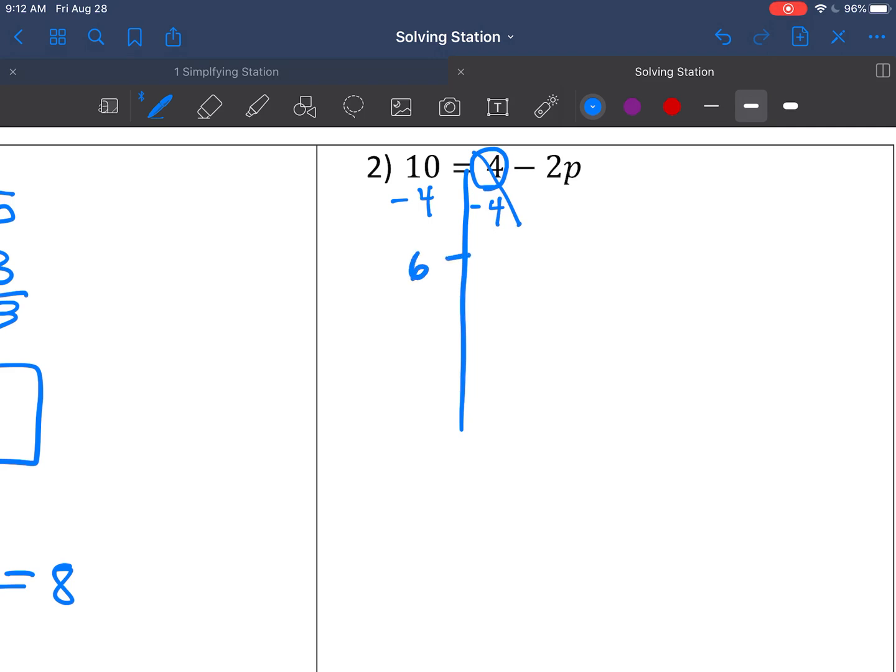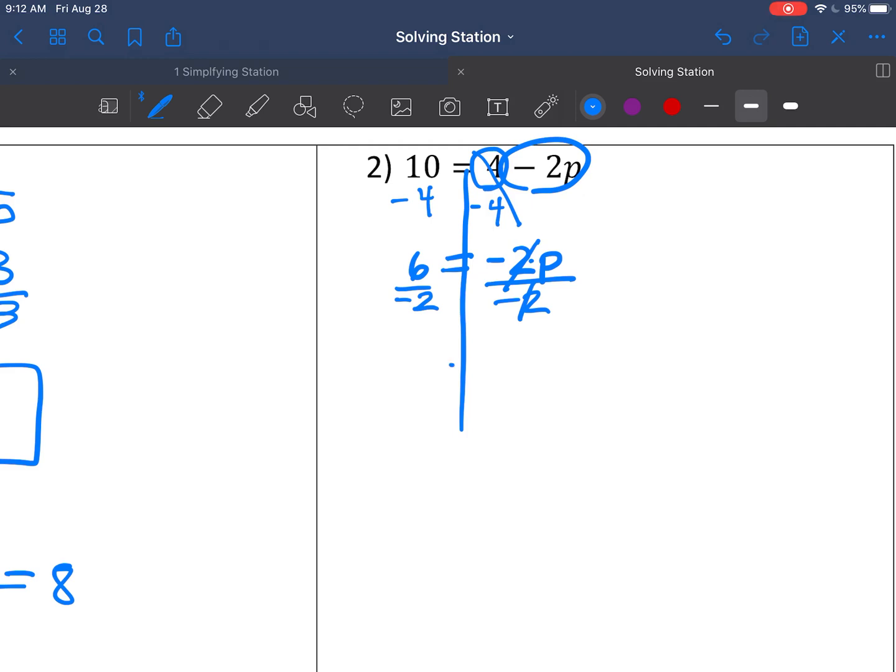10 minus 4 gives me a 6 on the left-hand side. And then we still have this -2p on the right-hand side. Okay, now don't lose your negative sign. A lot of students do that. We are ready to get rid of this -2. Since we are multiplying by -2, we need to divide by -2.